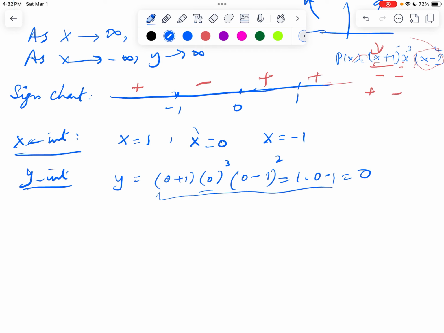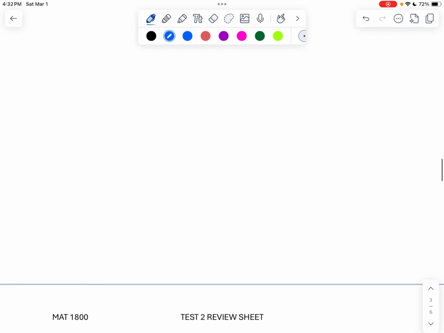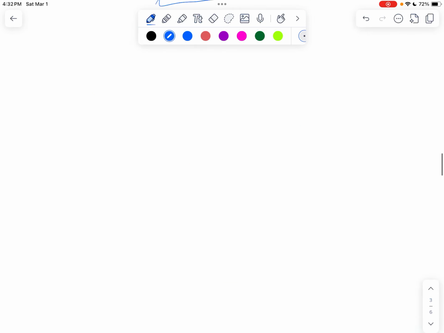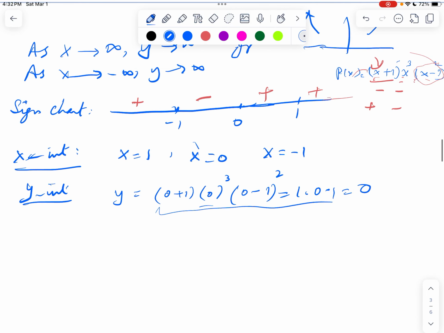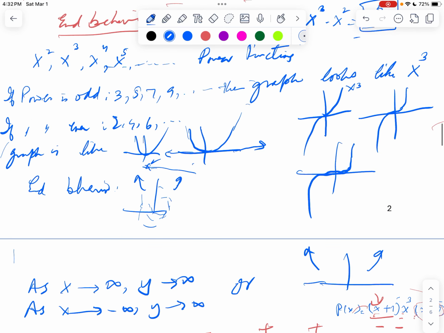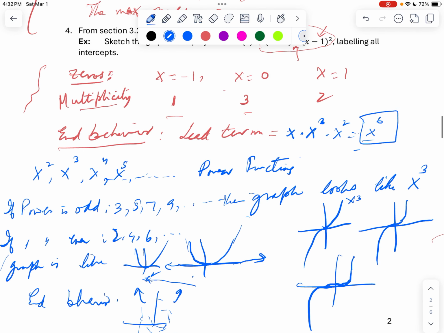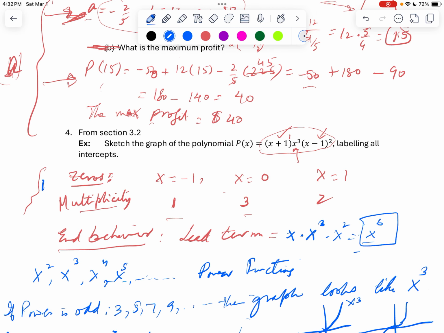Okay, so now we can try to graph the function. So what are the 4 things you have to show? There we are. So this is the first thing: zeros with their multiplicity.